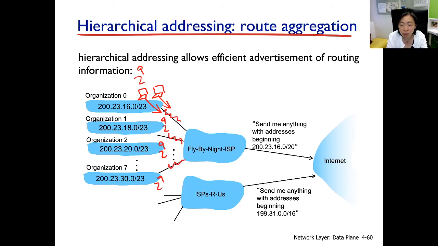And you know what? The most scary thing is this. All these need to go out to the internet, so the ISP needs to send this many advertisements. And that is just not going to scale. There will be a lot of bandwidth consumption just to send the advertisements.